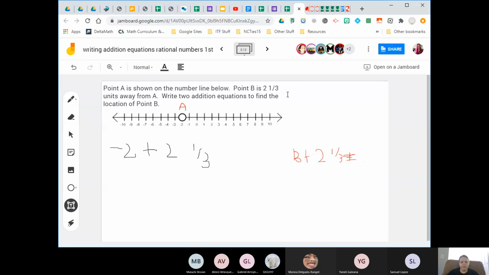Okay, so I'm going to type the one that we definitely agreed with, which was -2 plus 2 1/3. Okay, so we know that's one of them. What would the other one look like? What if it was a -2 1/3 units away? How would you write that?